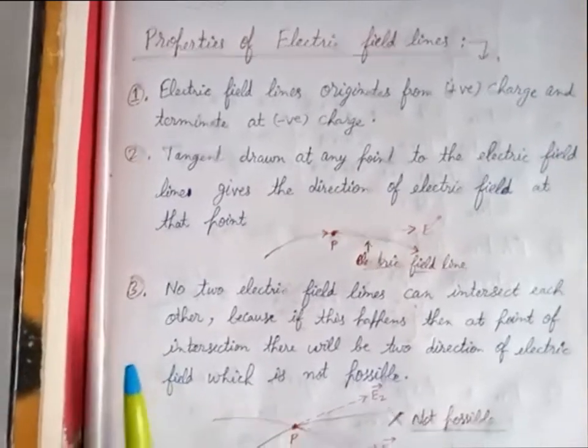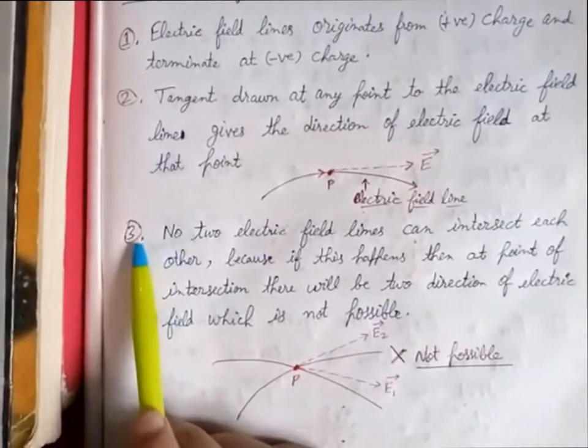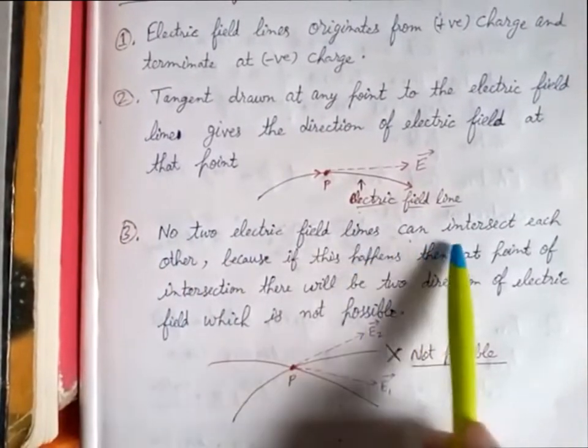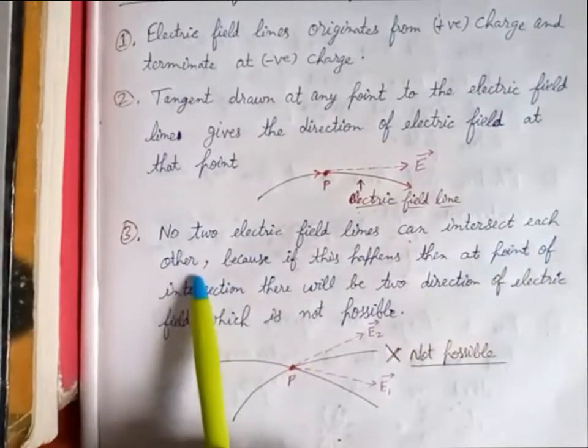Now the third property is that no two electric field lines can intersect each other.